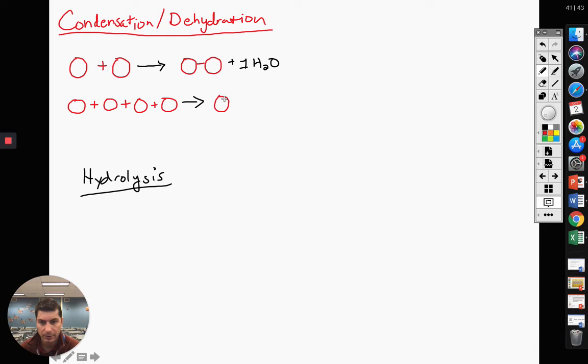So we're going to combine all 4 of these together. I'm just doing another example here. Let's count. We would have 1, 2, 3 bonds connecting these together. So out of this, I would get 3 water molecules. Okay? Let's do one more. And then we'll go to hydrolysis.